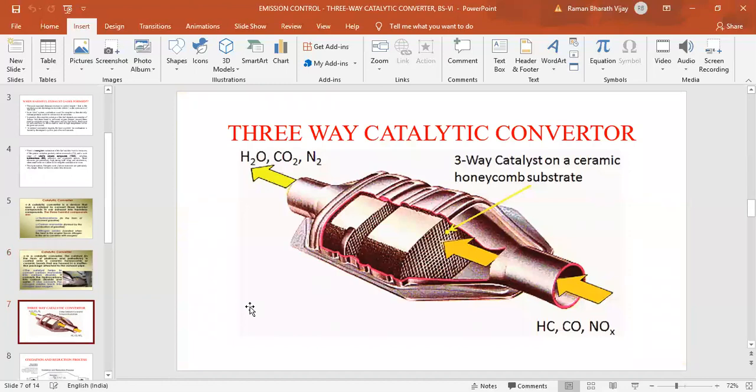You can see the diagram: exhaust gases containing hydrocarbon, carbon monoxide, and oxides of nitrogen go into the honeycomb structure, get converted, and come out as water, carbon dioxide, and nitrogen. So harmful gases are converted to harmless gases.